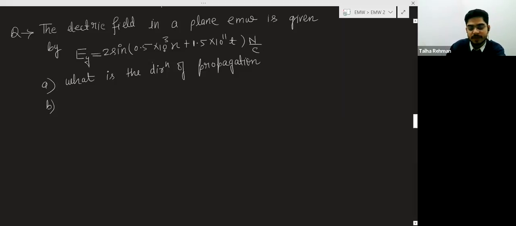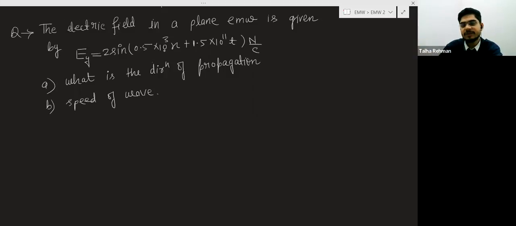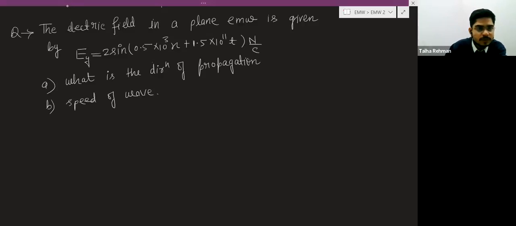Part B, they are asking the speed of the wave. This is an electromagnetic wave, and if no medium is given, then the speed of the wave is equal to the speed of light, because light is an electromagnetic wave. So one by one we will solve.